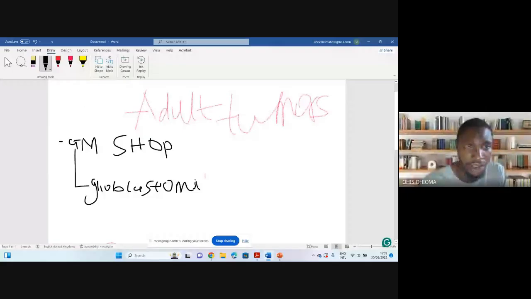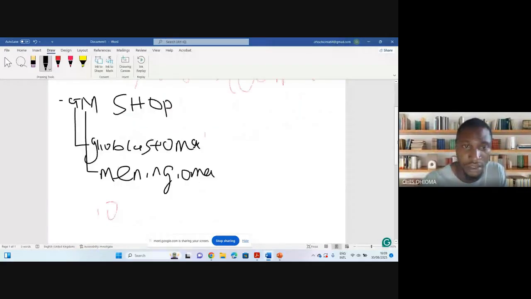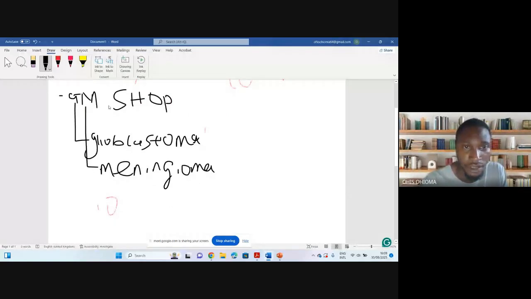The G stands for glioblastoma, the M stands for meningioma, and then the S stands for schwannoma.